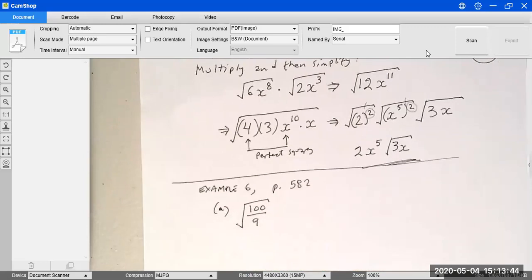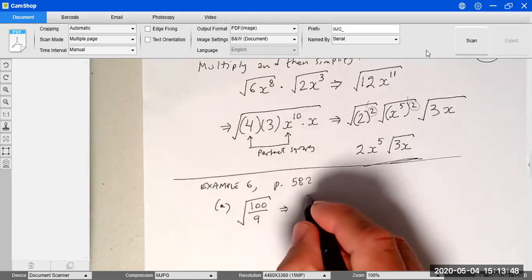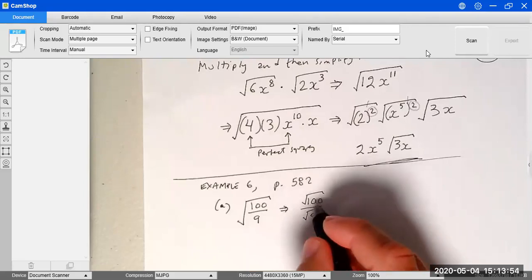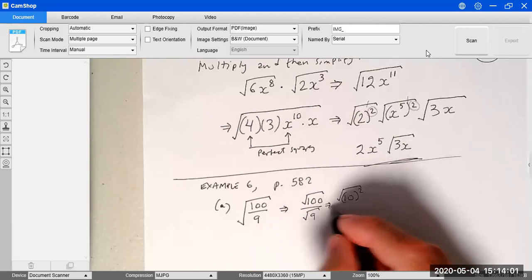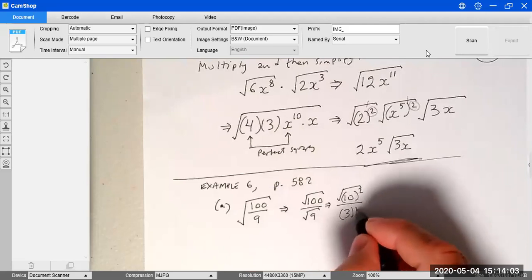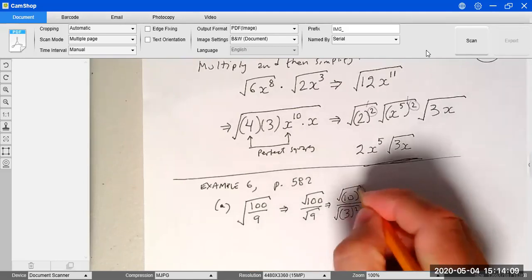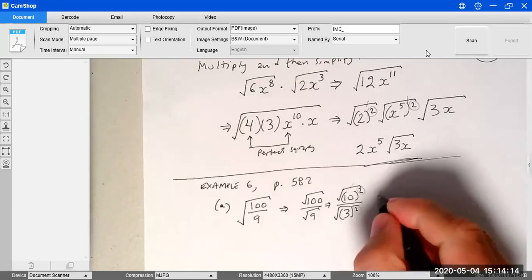In this case, you can just break this into radicals, the square root of 100 and the square root of 9. And then you see that you have a perfect square here. This is 10 squared over 3 squared. Then you can cancel radicals and exponents. So you end up with 10 over 3 for this first problem.